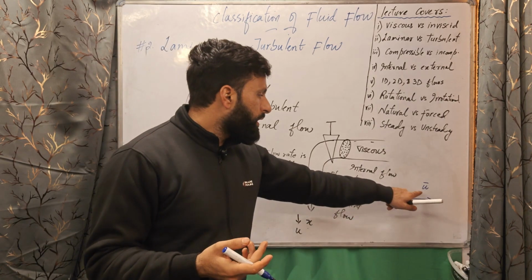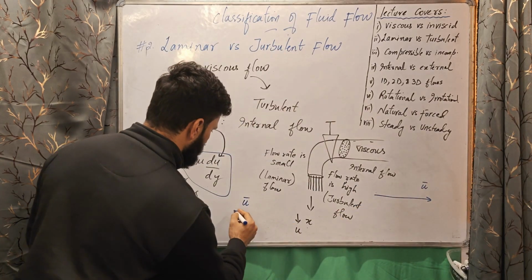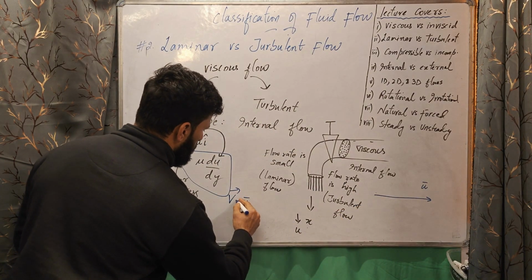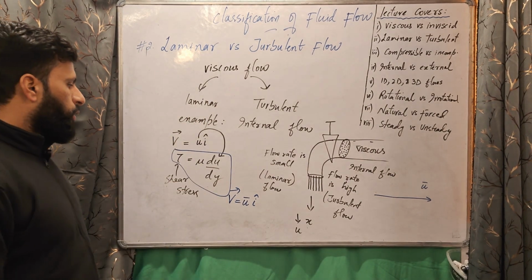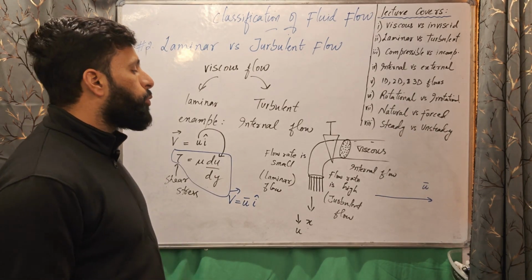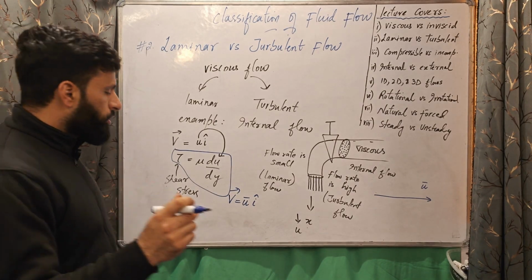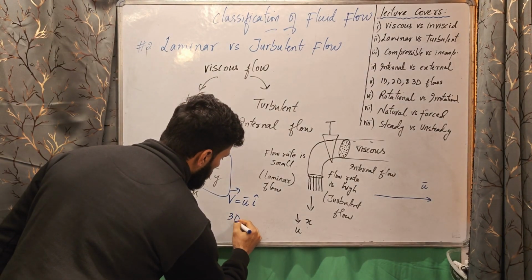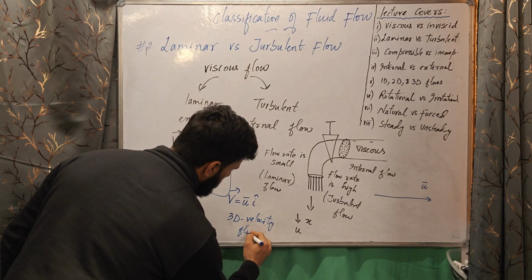That's the first thing. Because there is not just this u component of the velocity. V is not just equal to u i cap, just like this. But what we have here are fluctuating velocity components. Even though it is one dimensional, there are three-dimensional velocity fluctuations. 3D is important.